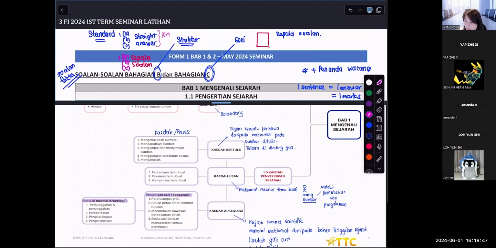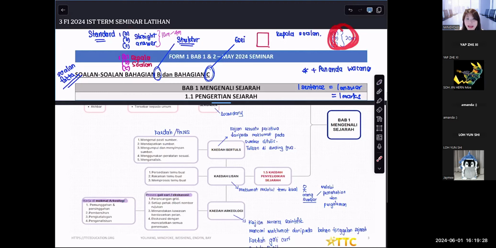But for essay, A, B, C total up is 20 marks. So honestly speaking, for your structure question, the maximum for one of the questions is 4 marks. Meaning this may be 2 marks, 4 marks, 4 marks, then become 10 marks. A is 2, B is 4, C is 4, like that.